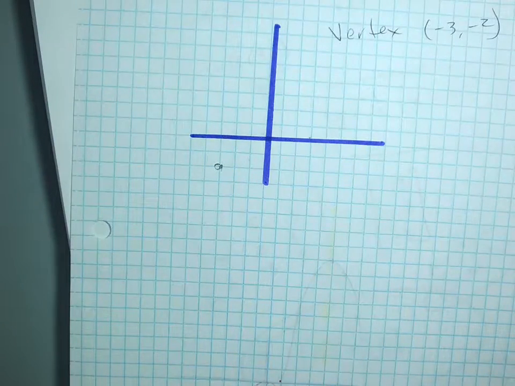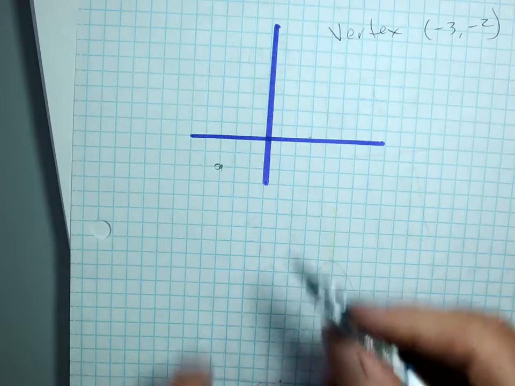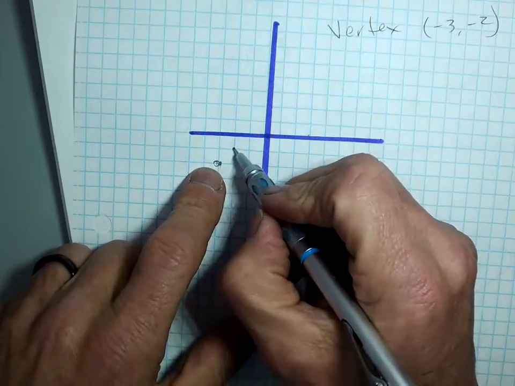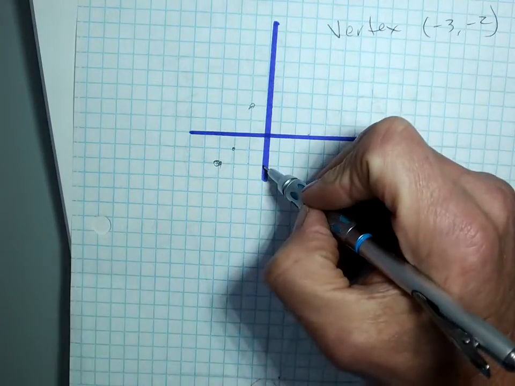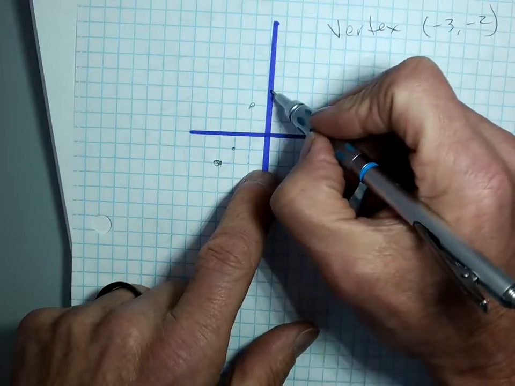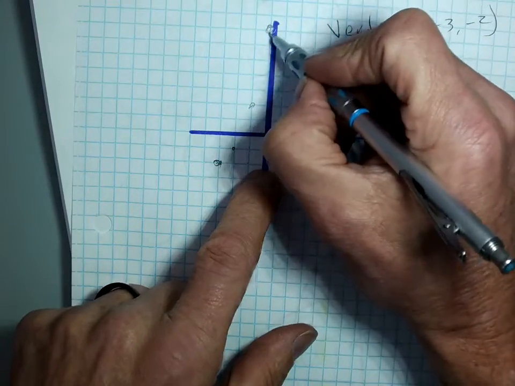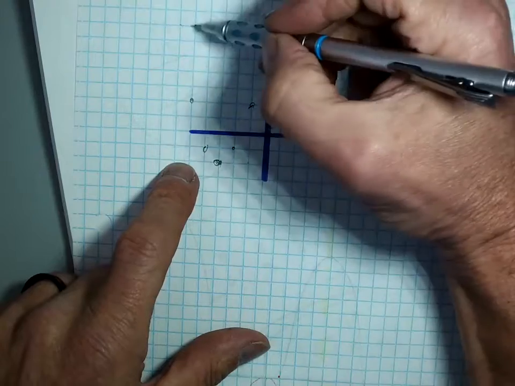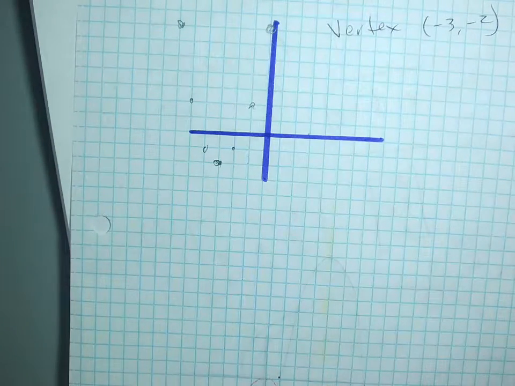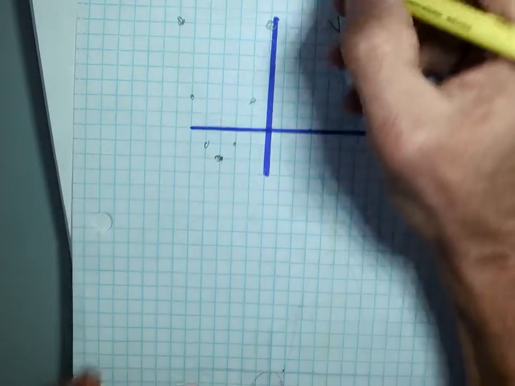Now I'm going to first put in the regular one, and then I'll do it half as tall so you guys can really see. So 1, 1, 2, 1, 2, 3, 4; 3 squared is 9, 1, 2, 3, 4, 5, 6, 7, 8, 9. And of course, it is symmetrical. Now I'm putting this in pencil because that's not what I really want. I want this to be half as tall.